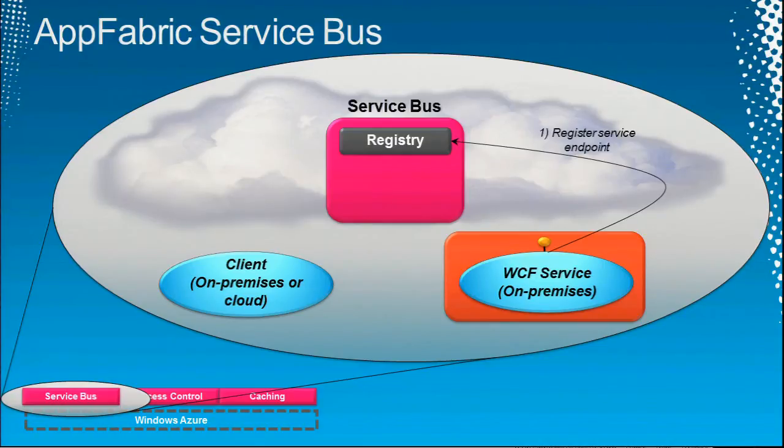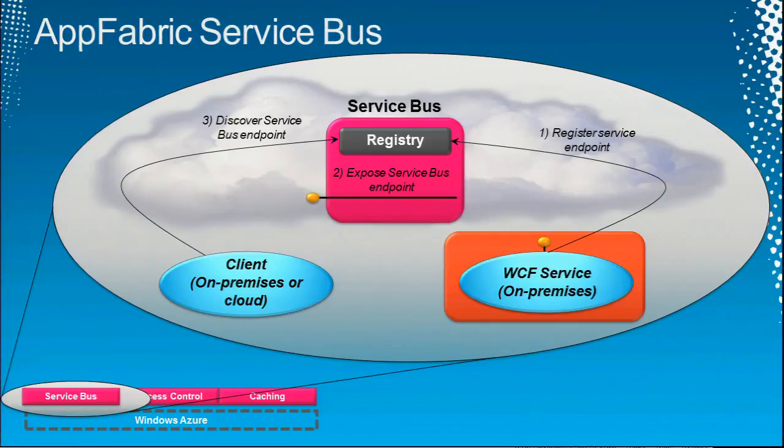The service registers its endpoint with a registry, a simple directory service, in Service Bus. Service Bus then exposes the very same endpoint, the very same one, a SOAP, or more likely these days, a RESTful service. A client can then look up this endpoint in the registry.